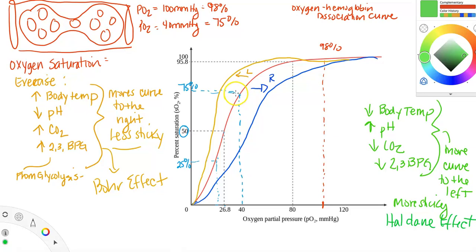So the oxygen is less available. All right. Okay, so that's that. You should make sure you go through this, go through the 2 scenarios, more sticky, less sticky, and how this graph describes that and the saturation there. All right, so the next thing we'll talk about is the movement of carbon dioxide through the blood.